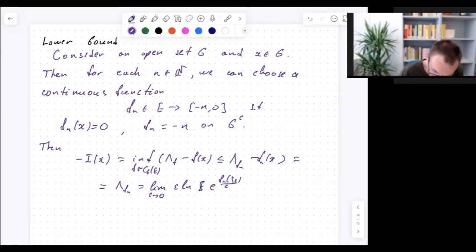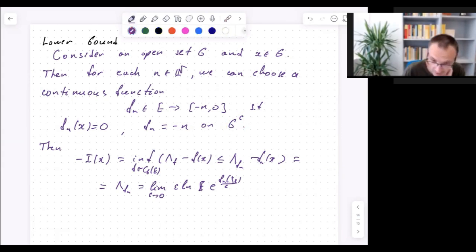But now you see that we chose the function in such a way that outside this set G, it is equal to minus n, or you can write it as minus n multiplied by the indicator of that set.